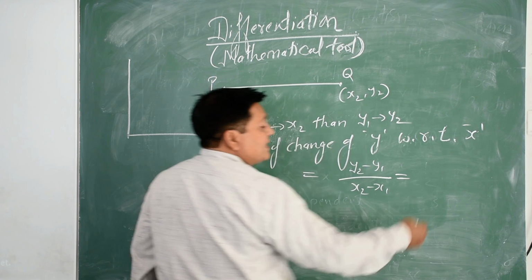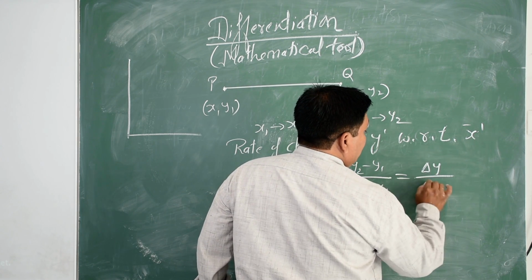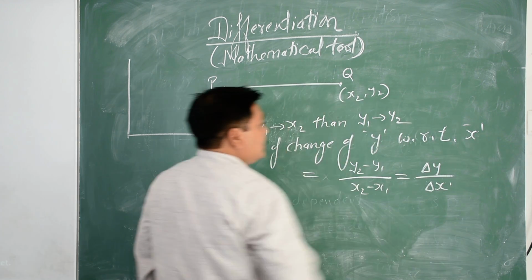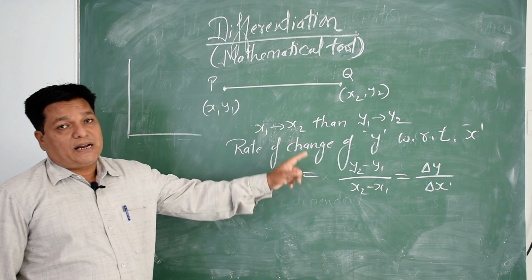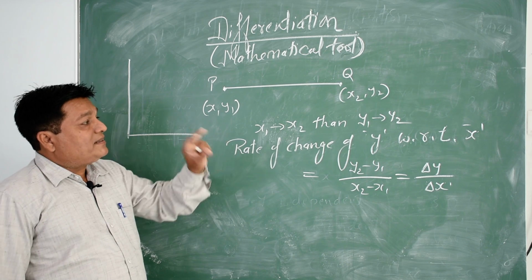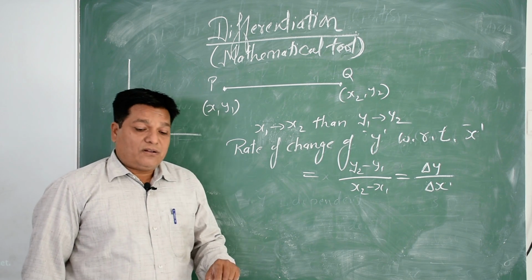We can also write this change as del y upon del x. This is said to be the rate of change of one quantity with respect to another quantity. We can call it the derivative or differential coefficient.